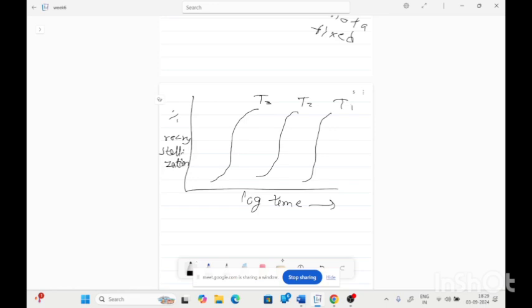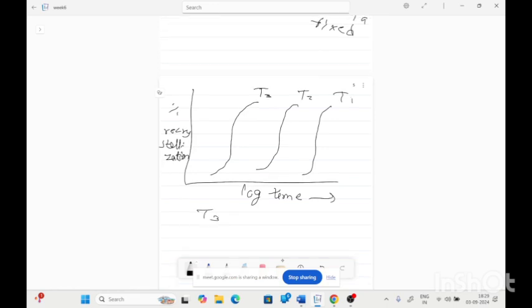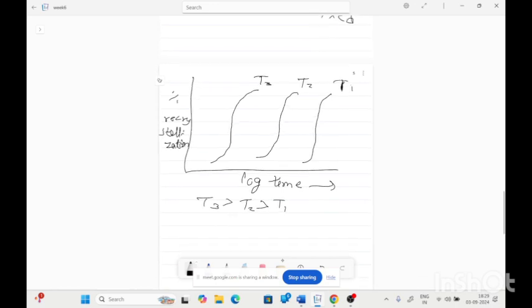So here in this curve, T3 is greater than T2 and T2 is greater than T1. So for the T1 temperature, means the lowest temperature, the time for recrystallization will be high. If we draw a line at 50% recrystallization, for the higher temperature, the time will be low.